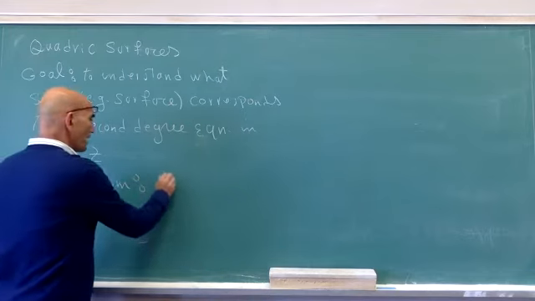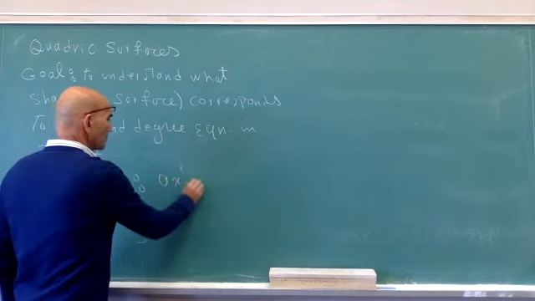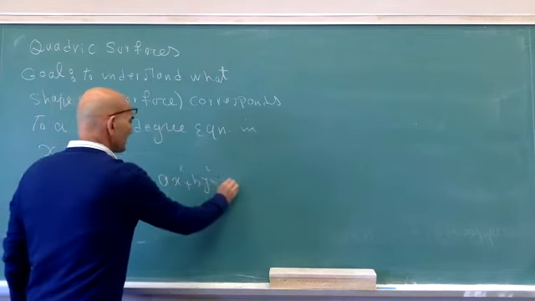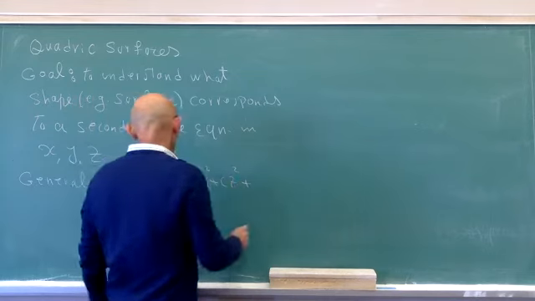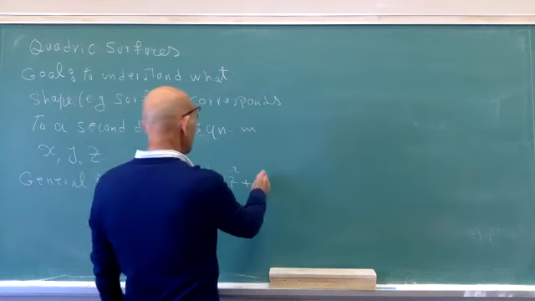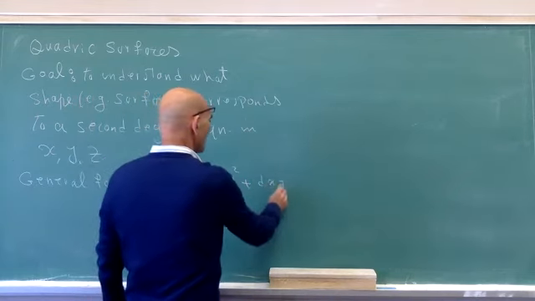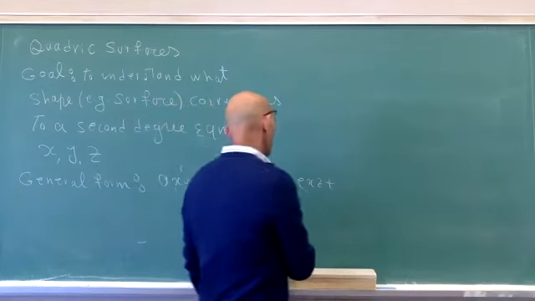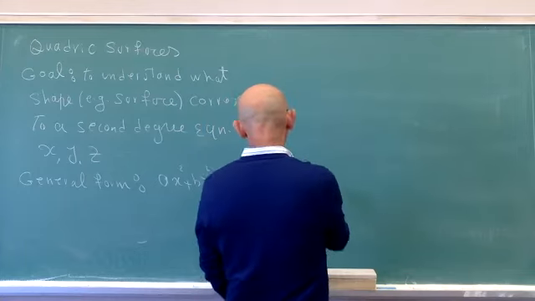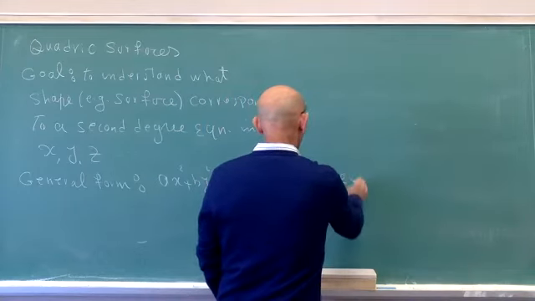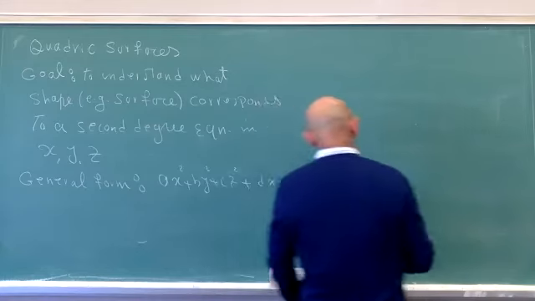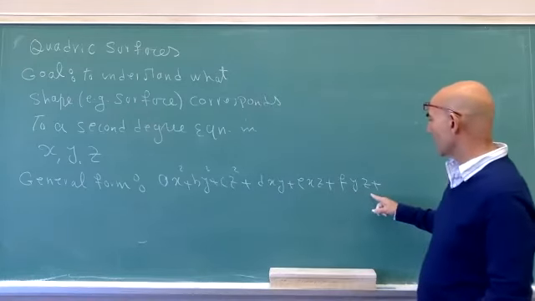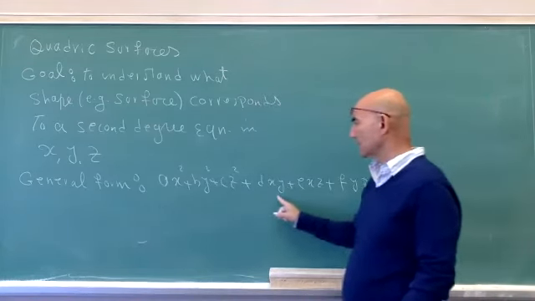We've got ax squared plus by squared plus cz squared plus dxy plus exz plus fyz plus, okay, so we have taken care of all second degree terms.